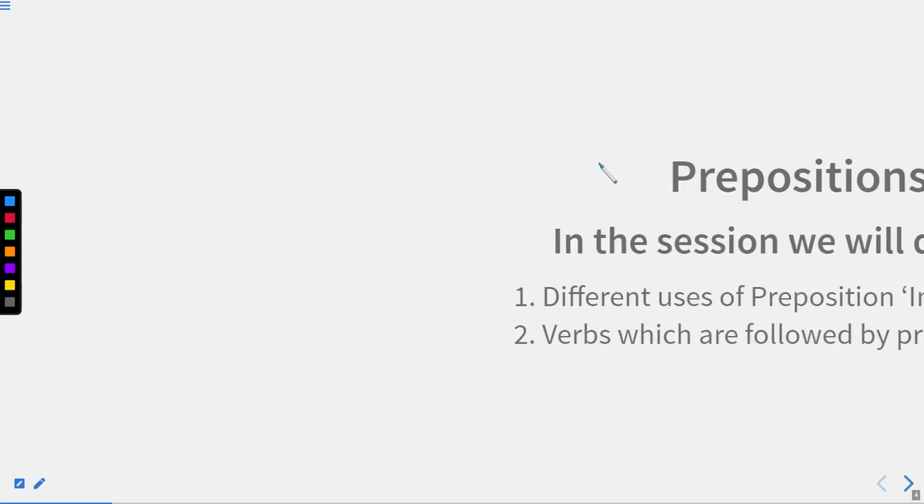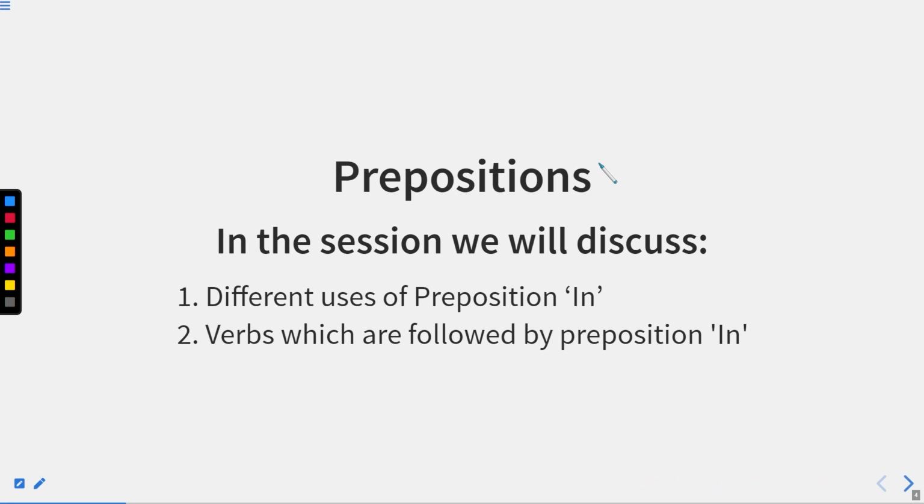Now in this session, we are going to read different uses of preposition in. It can be used in various sentences with various verbs that we are going to read in this session. Verbs which are followed by preposition in only. Verbs mean any action, so we are using in with it.